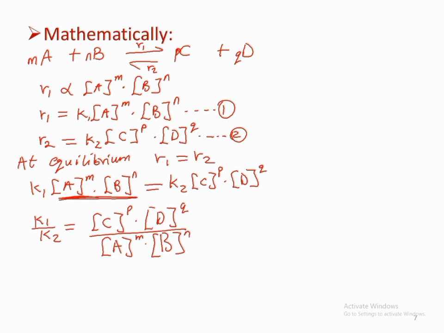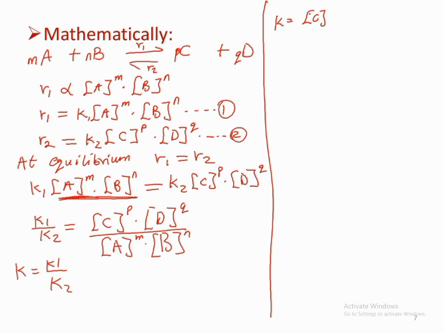So, let's say K is equal to K1 over K2. Therefore, this equation becomes K equal to C raised to the power P multiplied by D raised to the power Q, divided by A raised to the power M times B raised to the power N. So, of course, what is K?